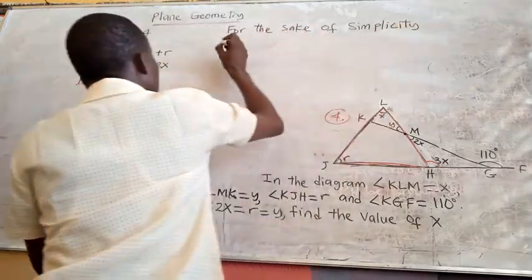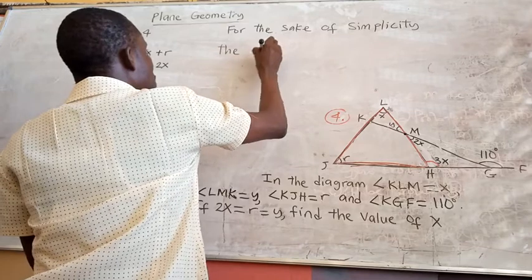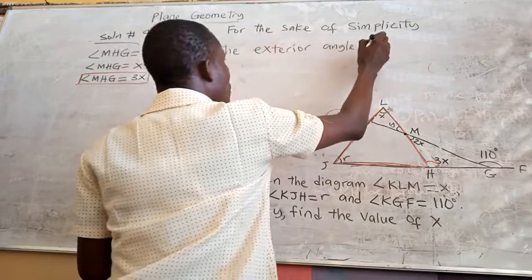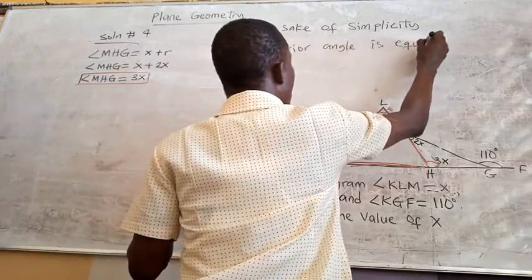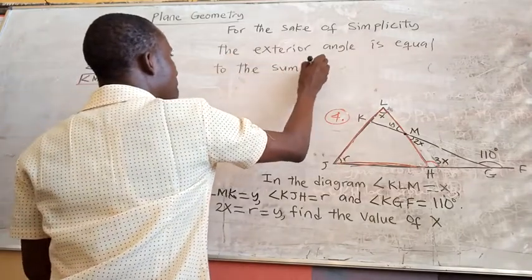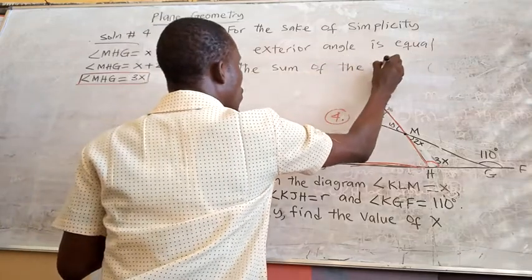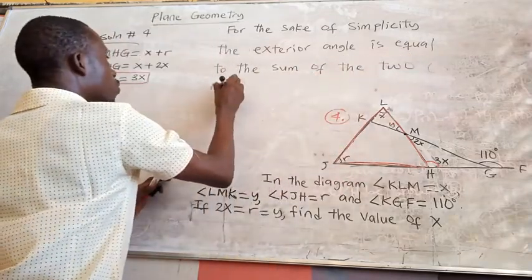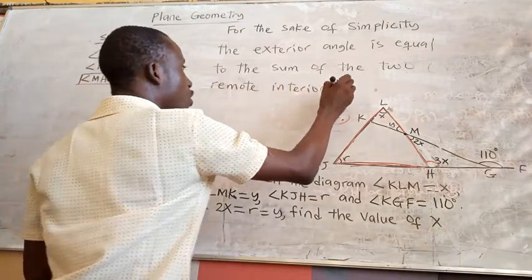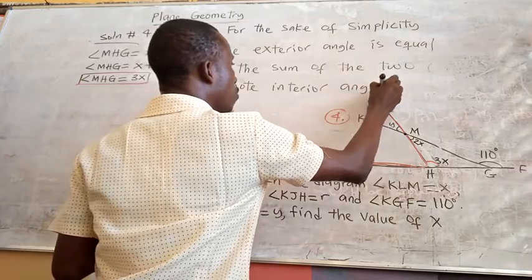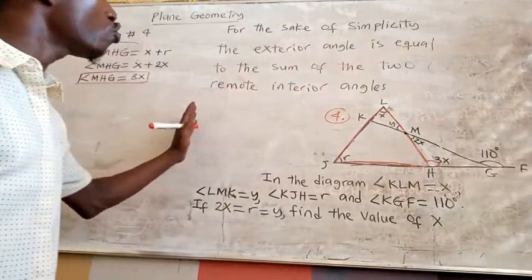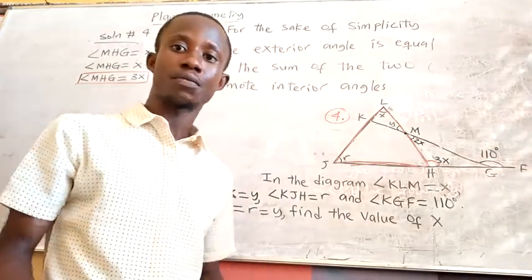In other words, the exterior angle is equal to the sum of the two opposite interior angles.